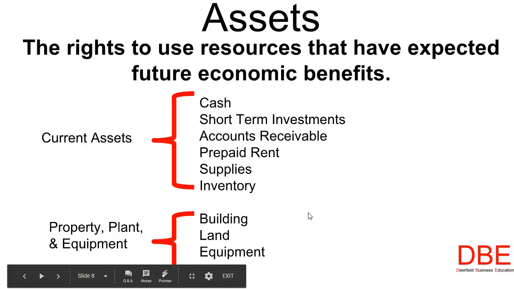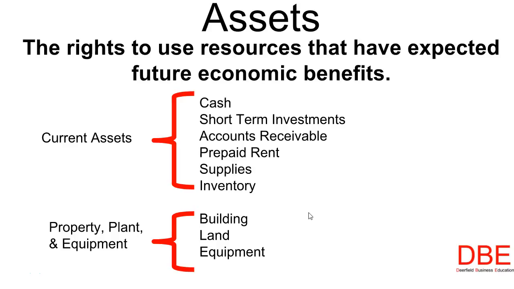Equipment: just think of all the equipment that a manufacturing company has. Even a service-based business will have a lot of equipment. Equipment is considered a long-term asset because you're going to have it more than one accounting period. Then another one is vans, trucks, delivery vehicles, whatever the business decides to call them. Those are considered long-term assets.